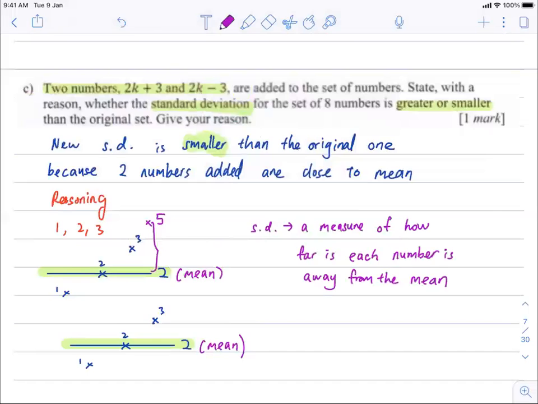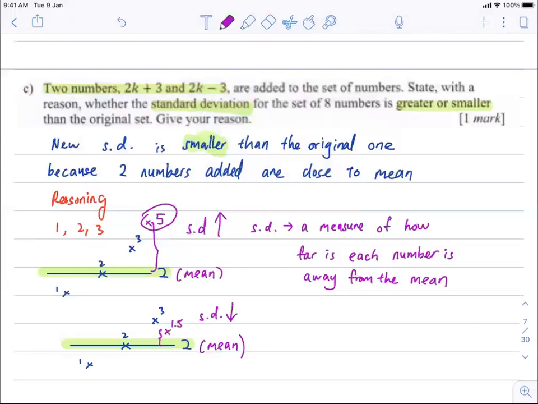So imagine if we add a very large number that is very far away from the mean, the standard deviation will increase. But on the other hand, let's say we add a very small number, maybe like 1.5, it is relatively nearer to the mean, so the standard deviation will decrease.